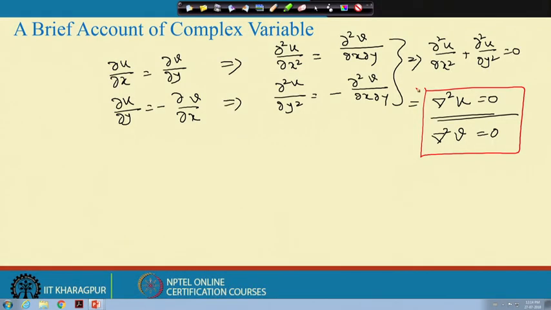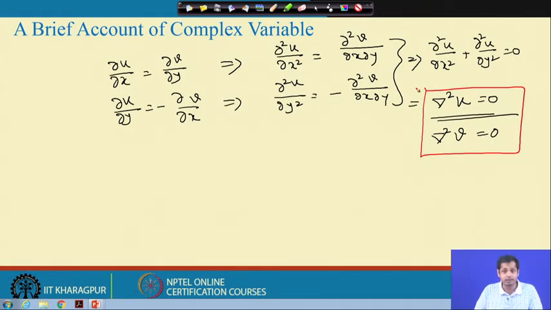So, what we have done so far is revisit some aspects of complex variables. We have seen what a complex variable is, how it is written in terms of x and y and r and theta.